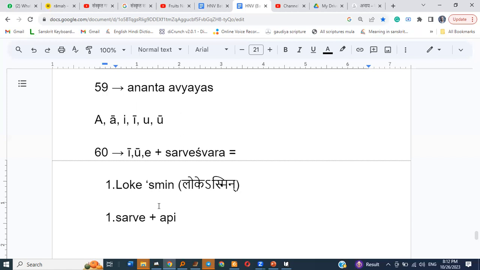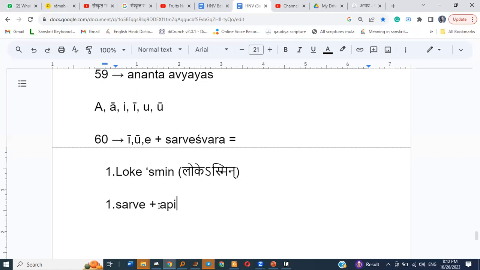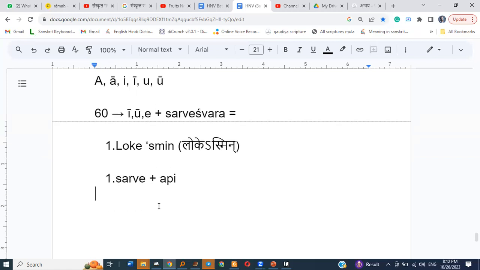Then the Ayav Sandhi, 54 and 55, I believe, which we did yesterday. So the first one is Deshe Iha. So Deshe becomes Desha Iha, or Ya gets deleted. So Desha Iha.